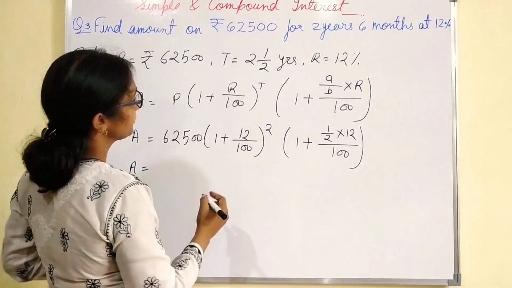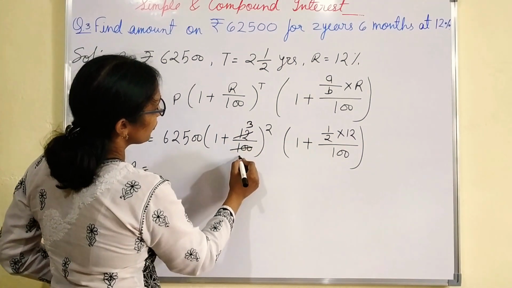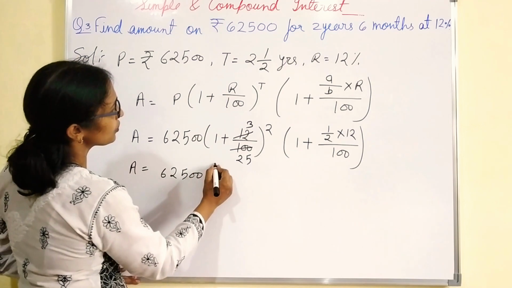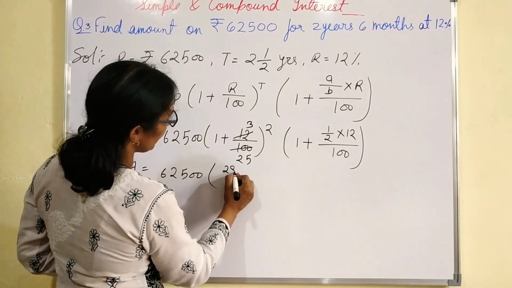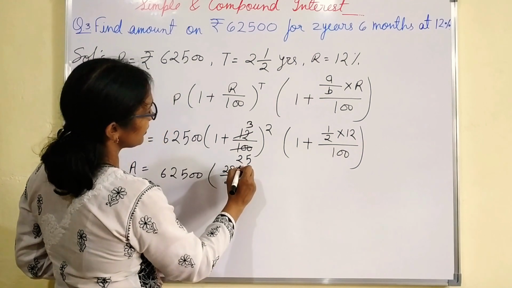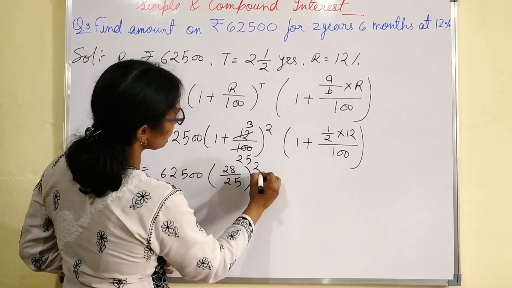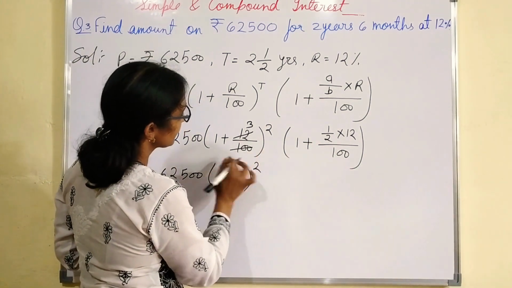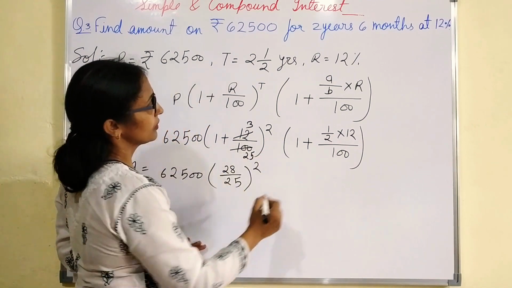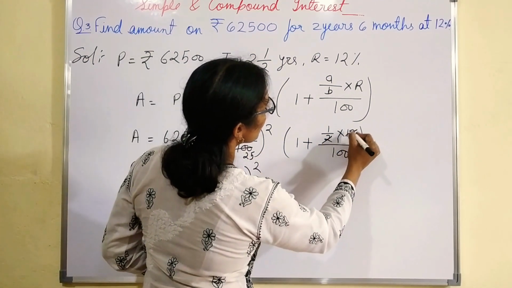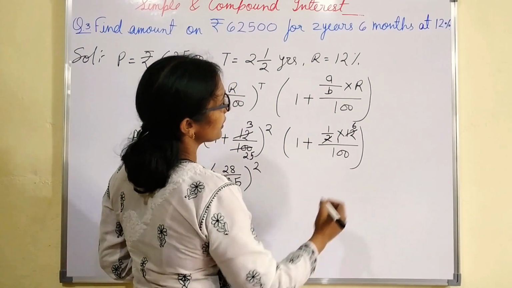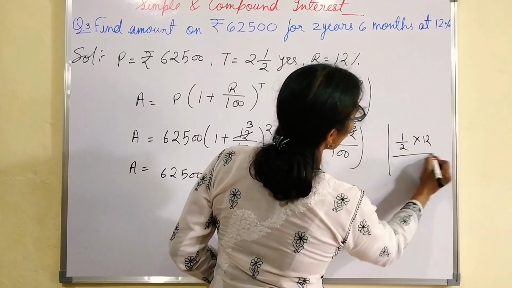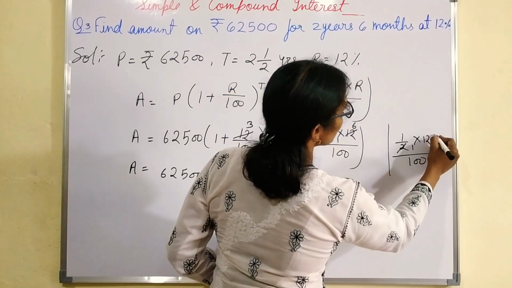Now 4 3s are 12, 4 2s are 8, 4 5s are 20. So 62,500, it will become 28 upon 25. Taking 25 LCM you will solve it. So it will become (28 upon 25) whole power 2. And here, I am solving it in rough: 1 upon 2 into 12 whole upon 100. 2 1s are 2, 2 6s are 12.